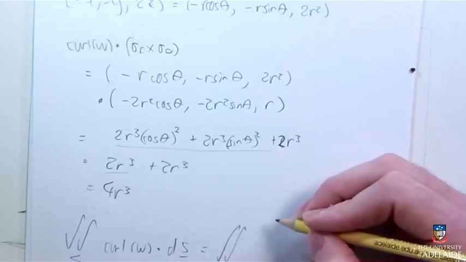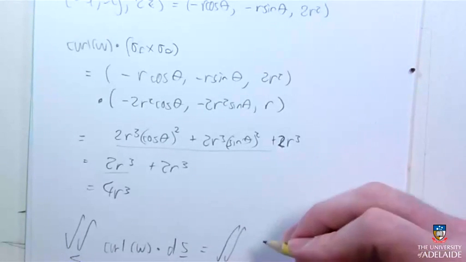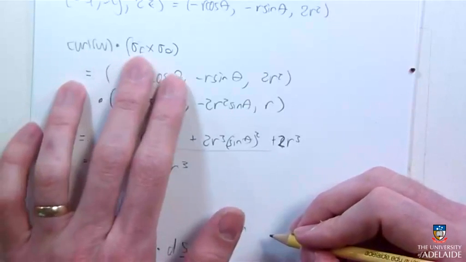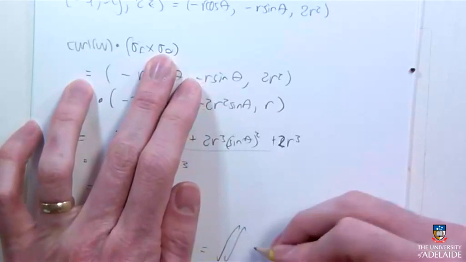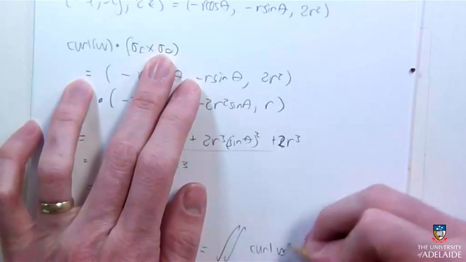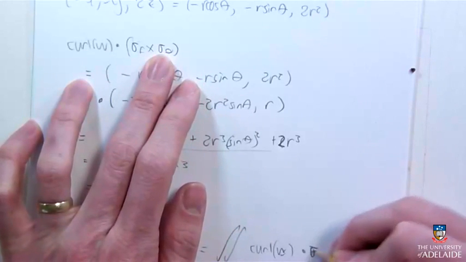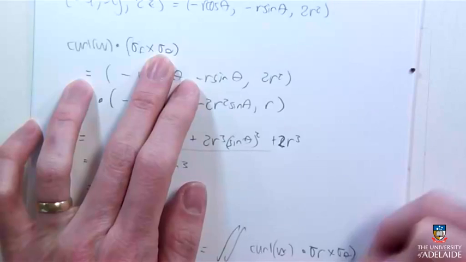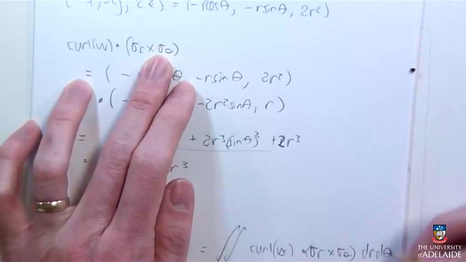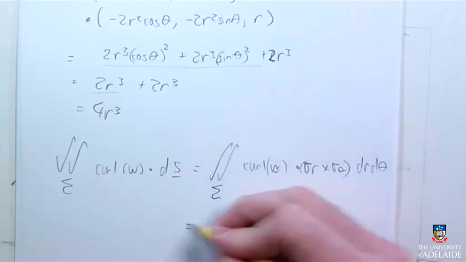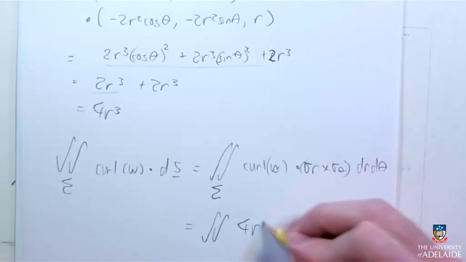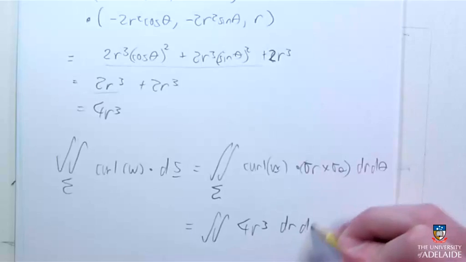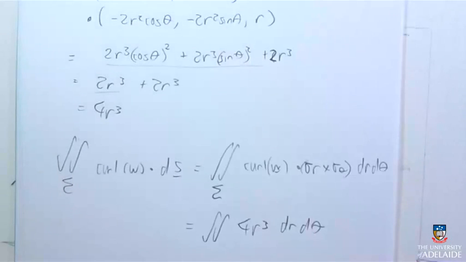It's become the curl of w dot sigma r cross sigma theta. I'm just going to put them all in so that you can see what's going on here. Like that. And we just figured out what this answer is. It's 4r cubed. Like that.